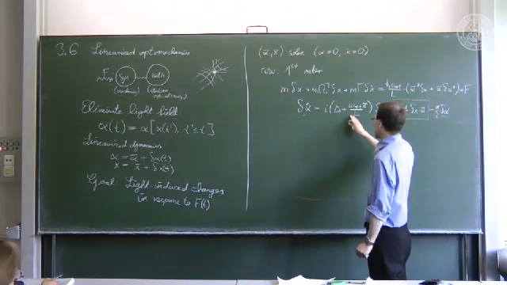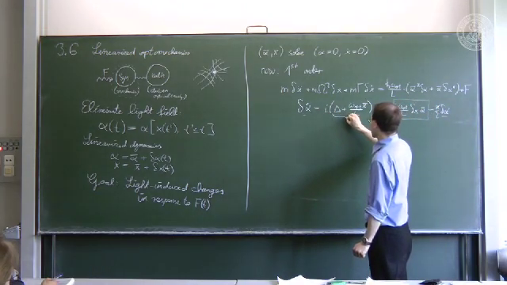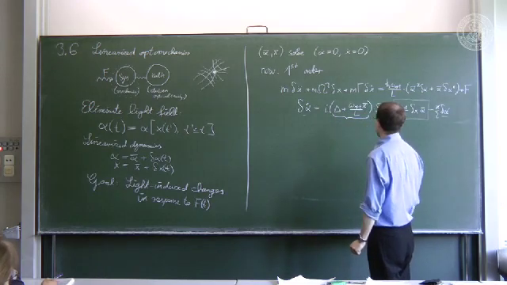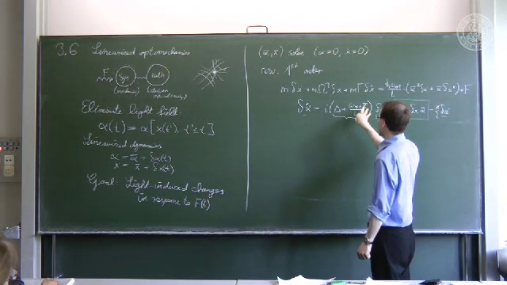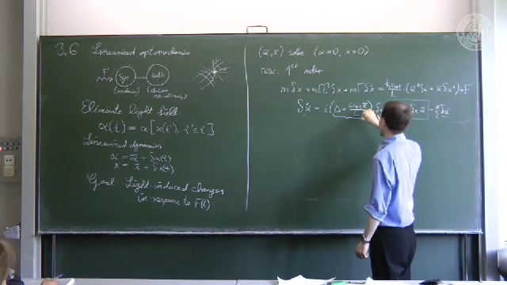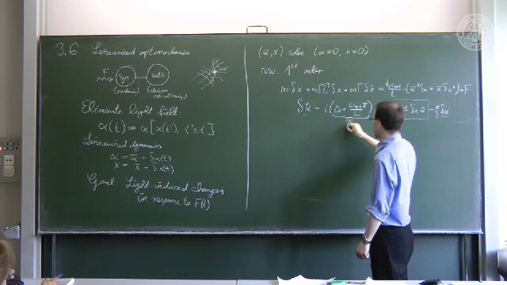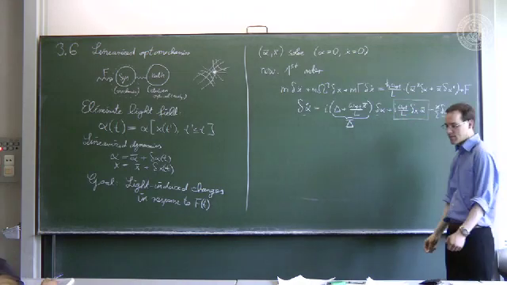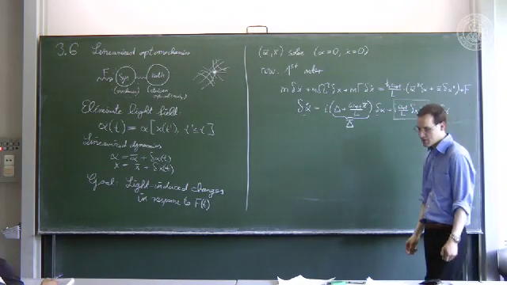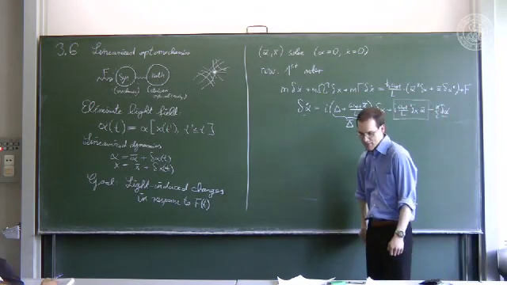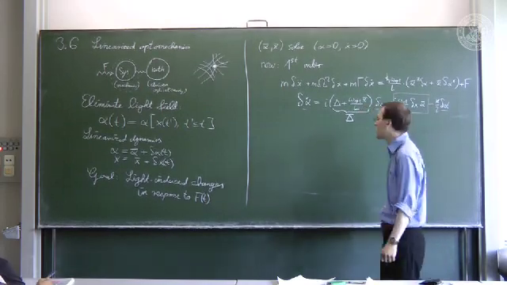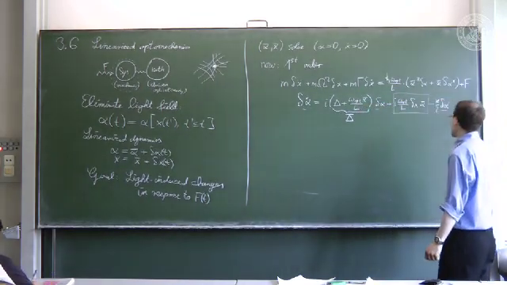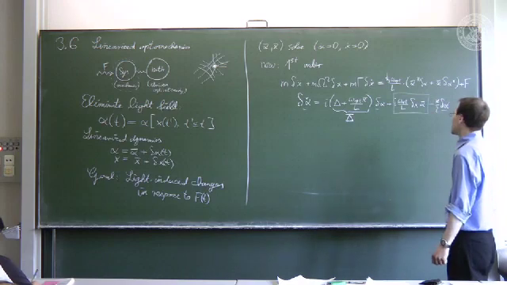Just as an abbreviation, let me call this prefactor, that is the detuning plus something that depends on the average shift, some delta bar. It's an effective detuning which is slightly modified by the fact that the mechanics has already been shifted due to the light force.